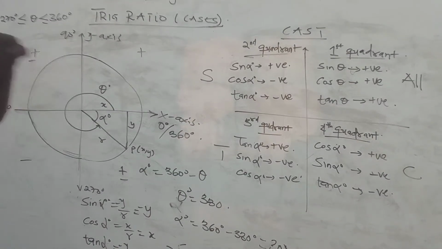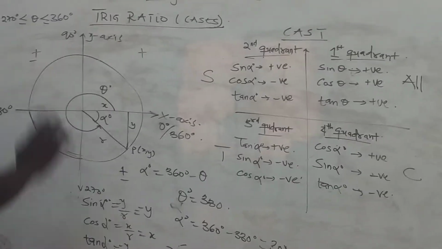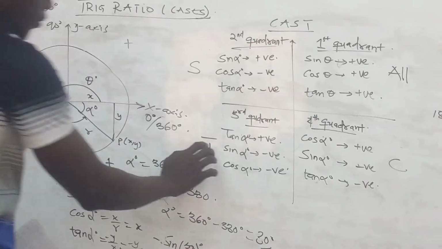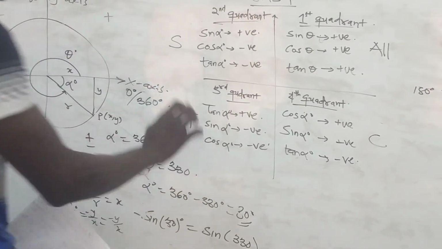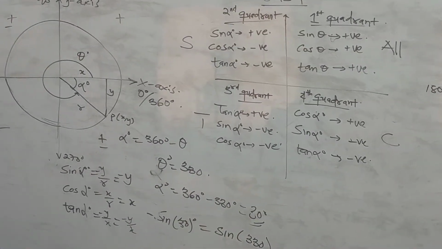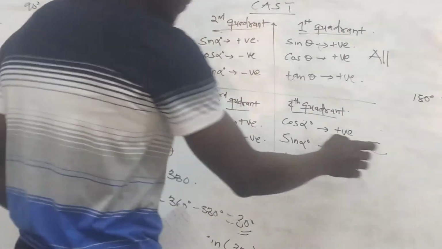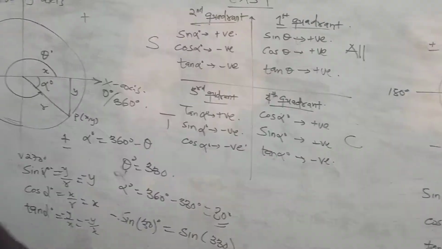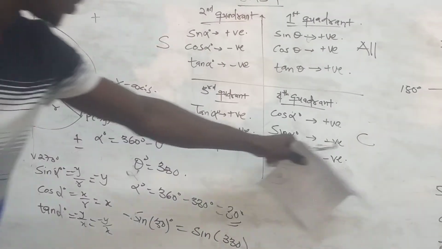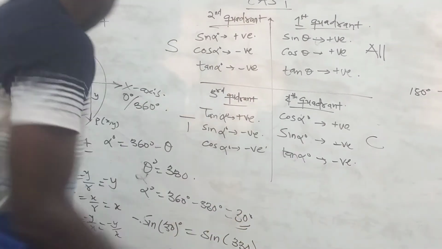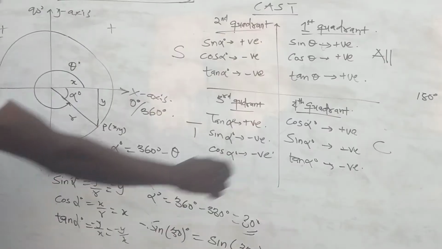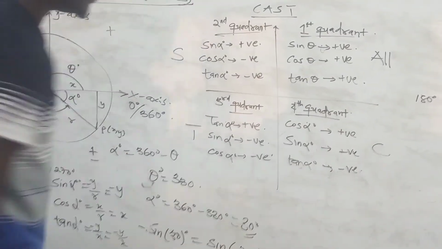When we talk about the third quadrant, it's only tan theta or tan alpha that is positive. And finally, cos, on the fourth quadrant. On the fourth quadrant, it's only cos alpha that is positive.